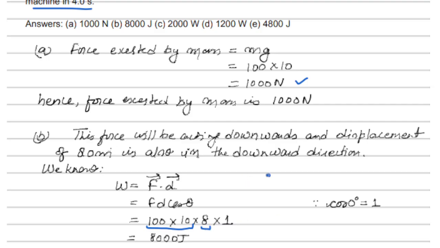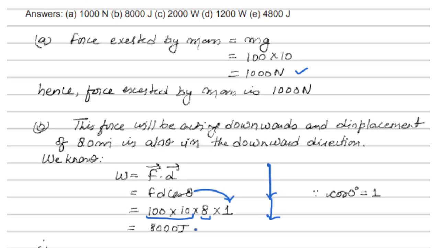As the mass is falling like this, the gravitational force is also in this direction and the 8 meter displacement is also in this direction. That is why I have taken the value of cos theta as 1. So we will get 8000 joules as the answer. So this much work is done.